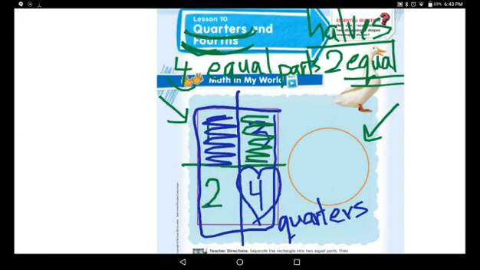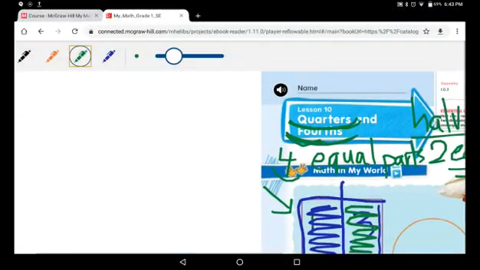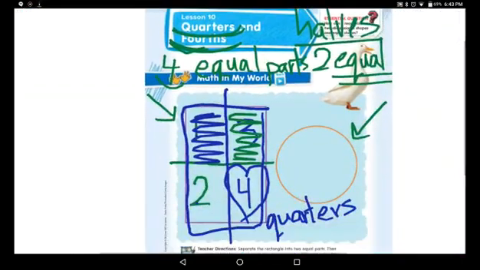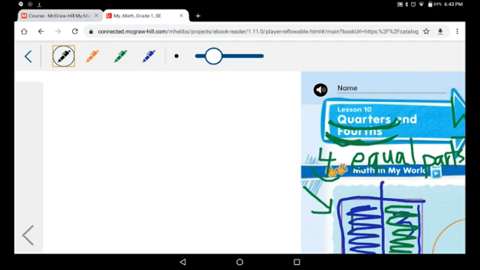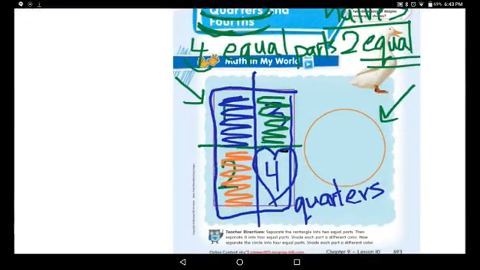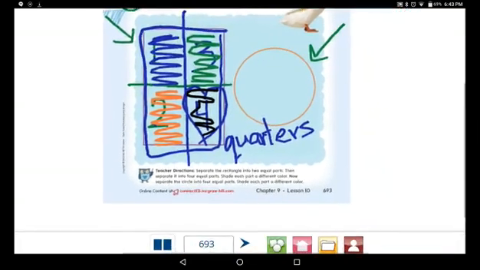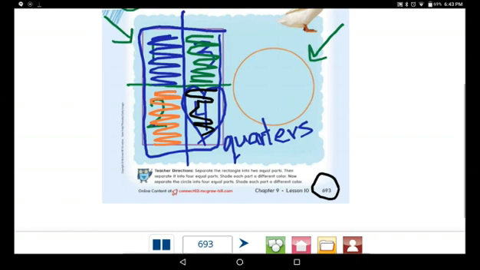Then I can color the third part with orange. Here we go. The last part would be black. Okay, this is the fourth part with black. Okay, guys. Now I want you to separate the circle also into 4 equal parts and make quarters. 4 quarters. Okay? And send me your work.